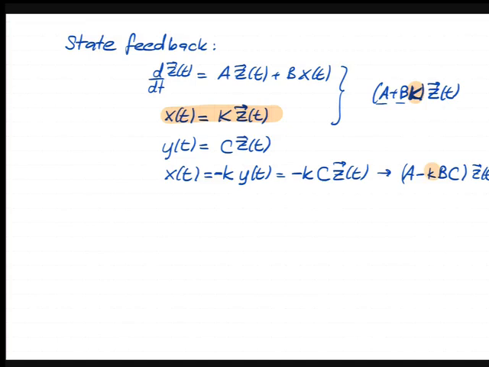So you can't expect the whole world from changing one number there, right? I mean, it's just one gain, right? So that's why we're now restricted to only certain parts, certain loci on the complex plane where we can choose our poles from. So that, of course, points to a limitation of output feedback or constant gain feedback.